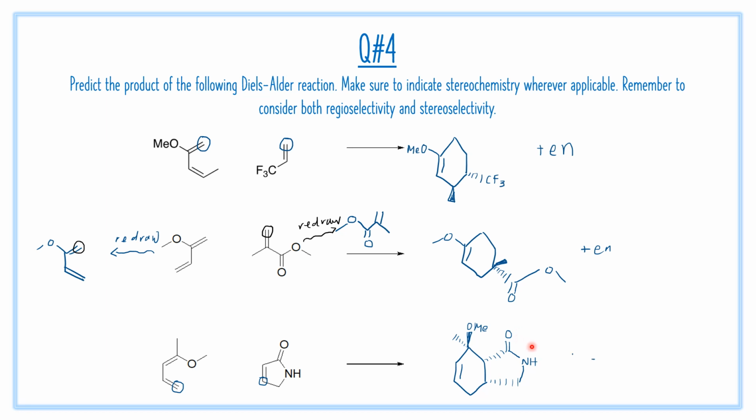Now you're probably wondering, how did I know where the wedge and dash goes? I think a lot of people have trouble knowing which one goes on the wedge or dash because they have trouble visualizing. It takes some time. Some people use model kits to visualize it, and some people use their fingers.